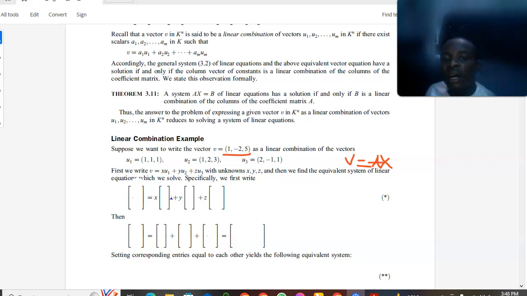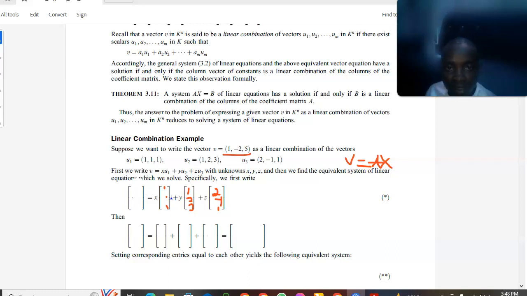u1, u2, and u3. So we have x multiplying the vector (1, 1, 1), then u2, we have y multiplying (1, 2, 3), and then we have z, picking z as another variable, multiplying (2, -1, 1).